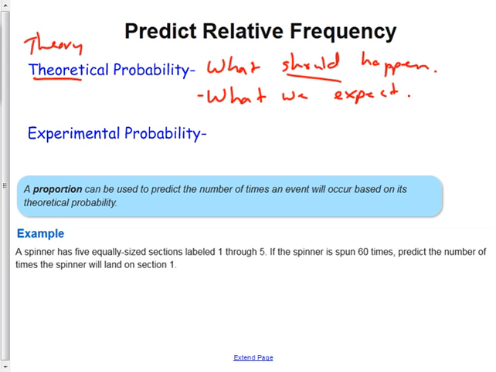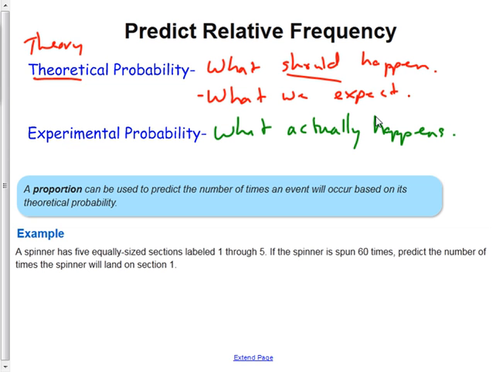So you could roll a die 6 times and never even get a 3, and you could roll it 20 times and never even get a 3. That's not what should happen. It's not what we expect to happen, but it actually can happen that way when you are doing an experiment. So what actually happens?